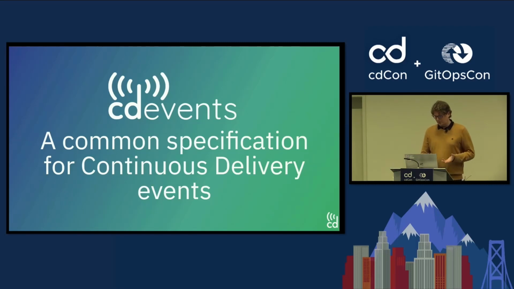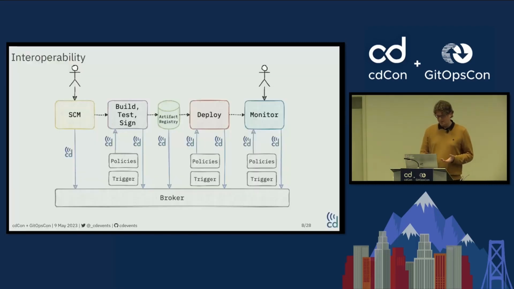If you introduce this kind of concept, then the architecture will look more something like this. You have the different tools, the different stages that we had before in the diagram, like your SCM, build, test, sign, deploy, monitor. But instead of each of them talking to or triggering each other directly, they will basically declare what they are doing through events.